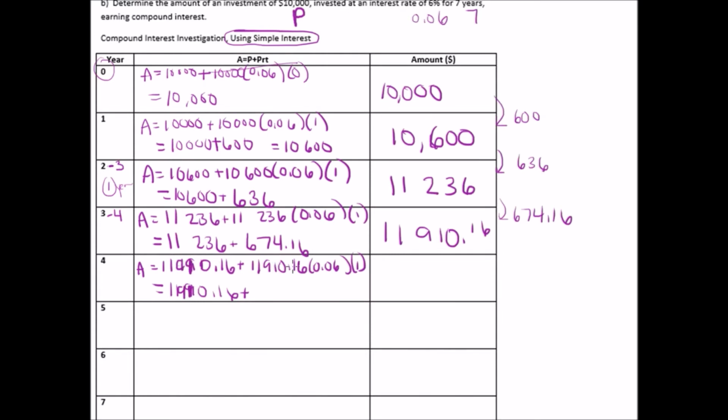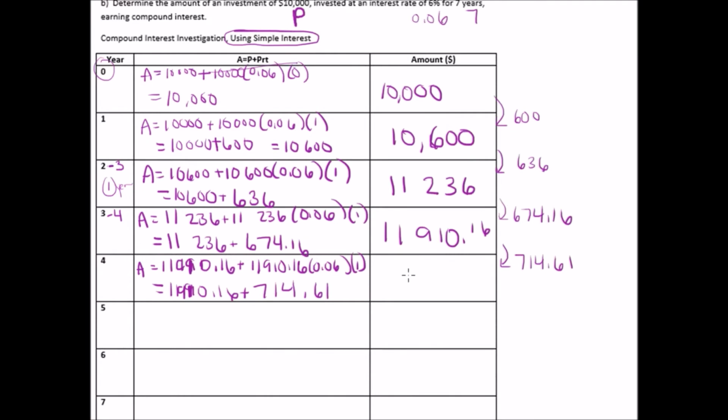Okay, so take that amount, multiply it by 0.06. Now we're actually making 714.61. So as you can see, in the first year we were making $600, but because as the years go on, we're making interest on the interest, we're actually making more and more money.